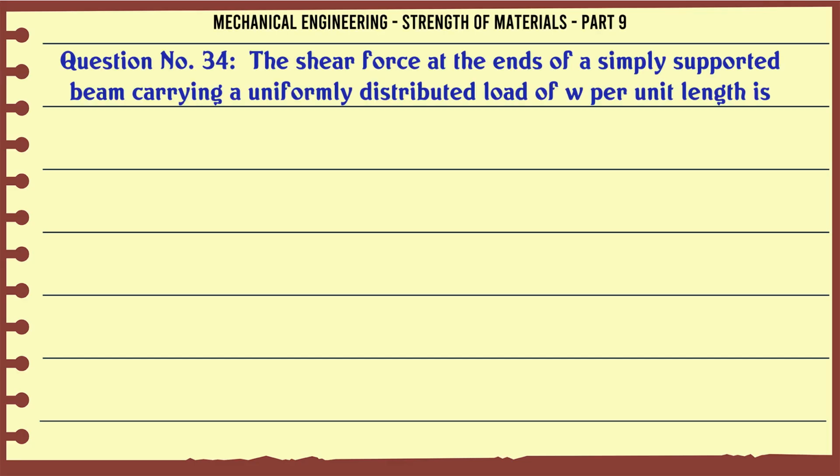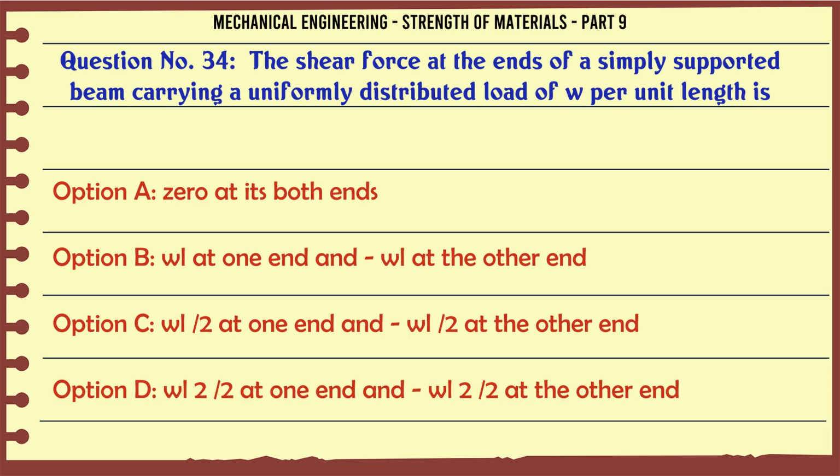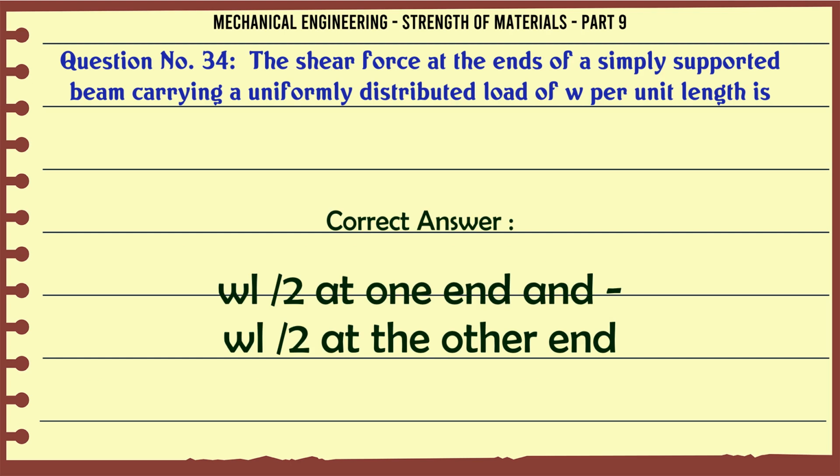The shear force at the ends of a simply supported beam carrying a uniformly distributed load of W per unit length is A, 0 at both ends, B, WL at one end and WL at the other end, C, WL/2 at one end and WL/2 at the other end, D, WL squared/2 at one end and WL squared/2 at the other end. The correct answer is WL/2 at one end and WL/2 at the other end.